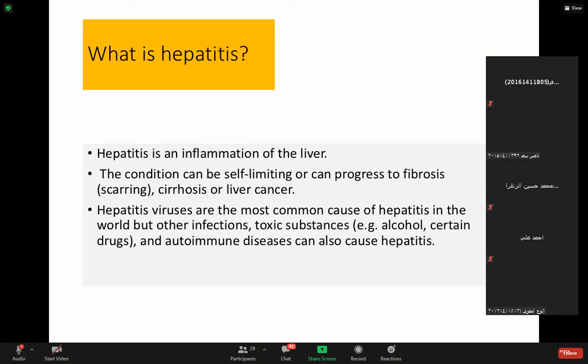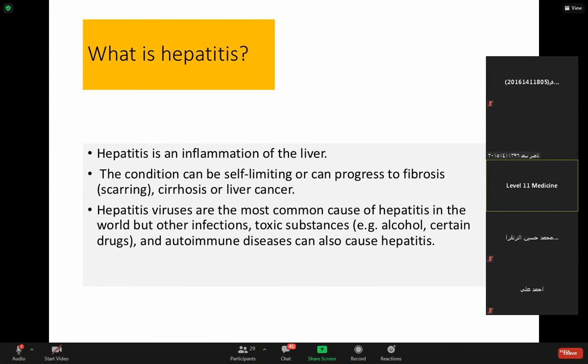It's very simple. It's basically an inflammation of the liver. Okay, so from its name, titis, inflammation, hepa is the liver. Okay, and this condition can be self-limiting, but it also can progress to fibrosis and eventually cirrhosis of the liver or even cancer.